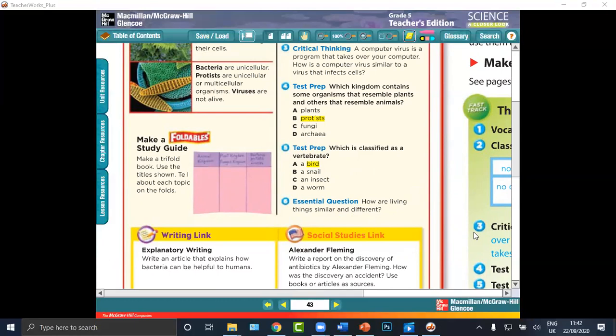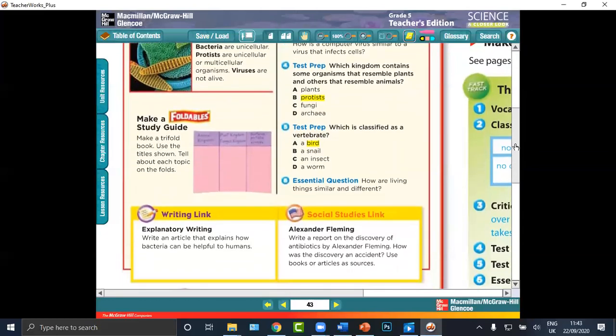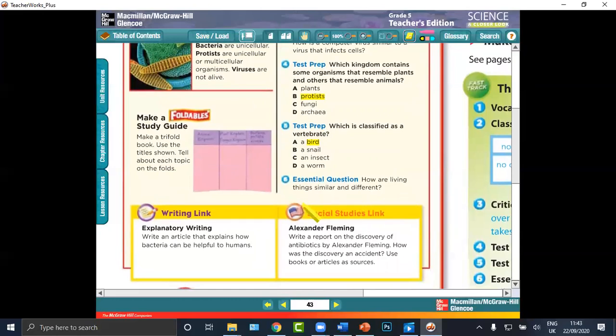Bassam al-Masri. Read number 6. How are living things similar and different? Okay, I will help you. All living things are made of what?